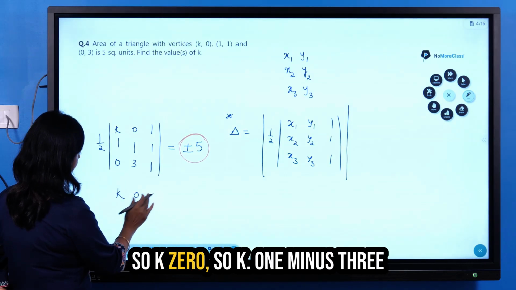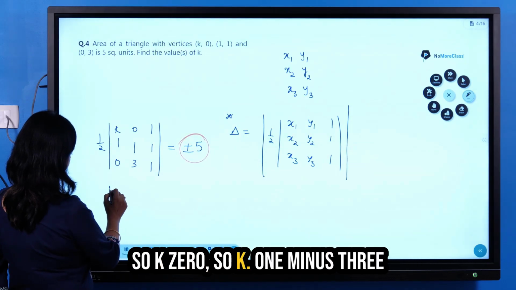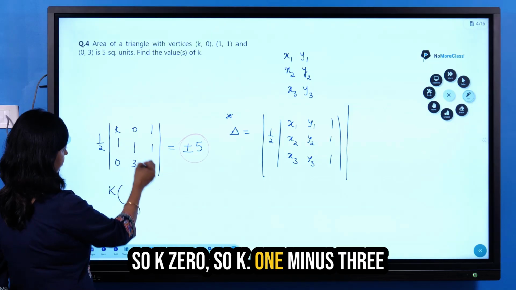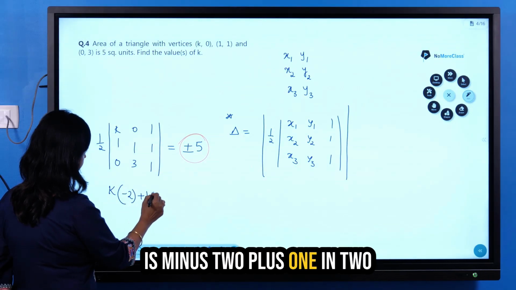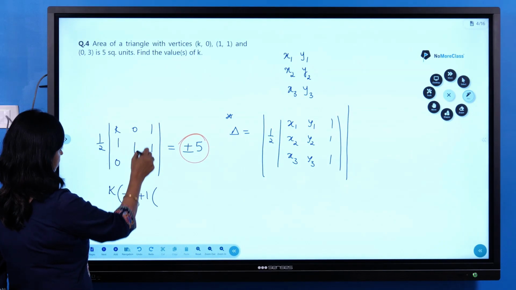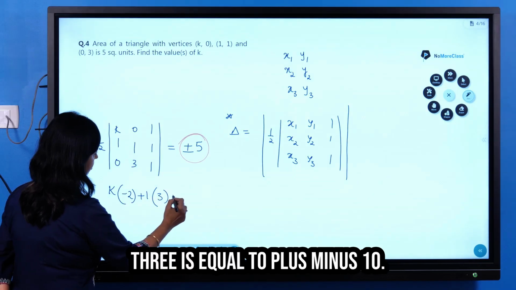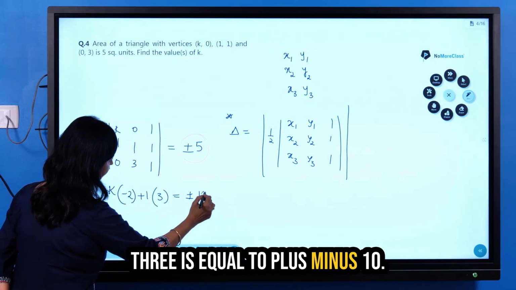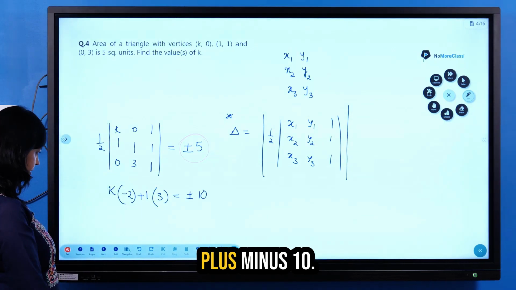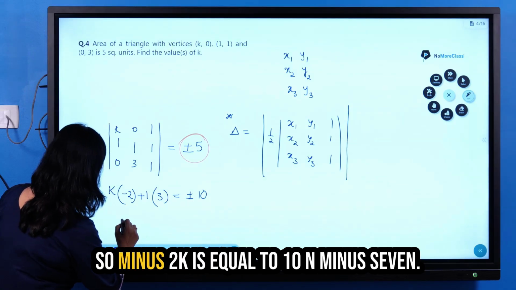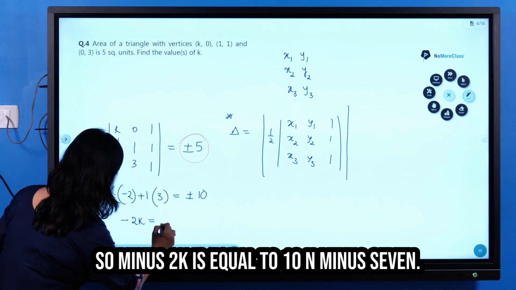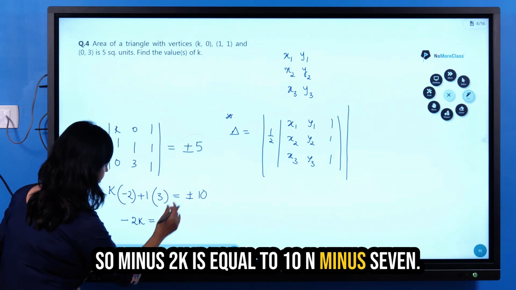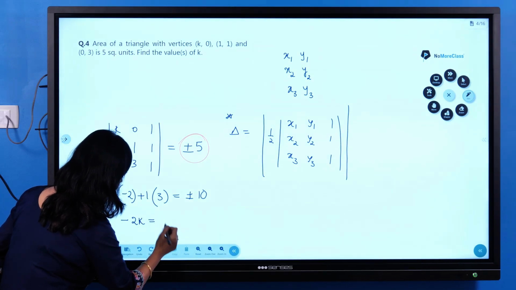So expanding along k, we get k times (1 minus 3), which is minus 2k, plus 1 into 3, is equal to plus minus 10. So minus 2k is equal to 10 minus 7, or minus 10 minus 7.